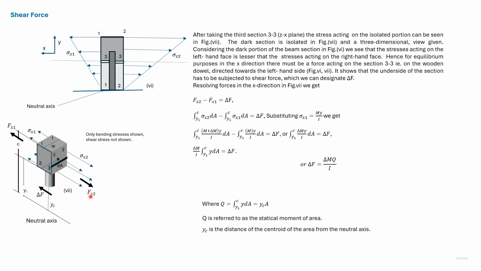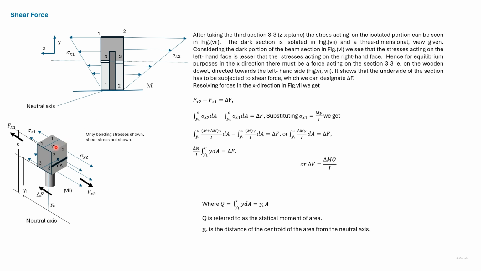So the force Fx2 that acts on this side will be greater than the force Fx1 that acts on the opposite side. Due to this imbalance, there is a force del F acting, which the dowel resists. So we can write Fx2 minus Fx1 is equal to del F.